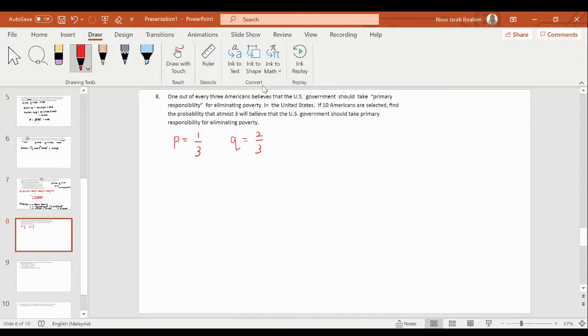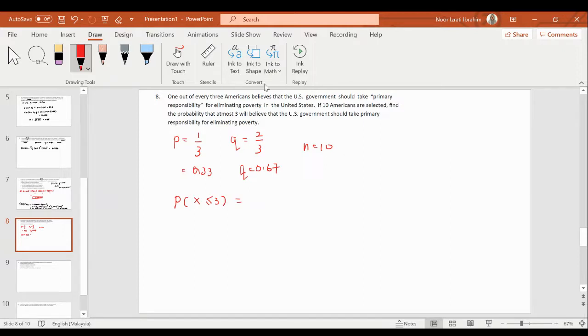Let's say P I use in decimal 0.33 and Q becomes 0.67. Okay, and n is 10. So we want to find at most 3, meaning maximum is 3. So it will be x less than or equal to 3 believe.